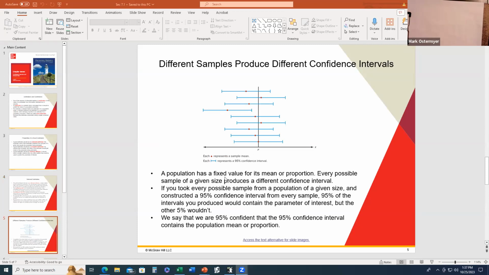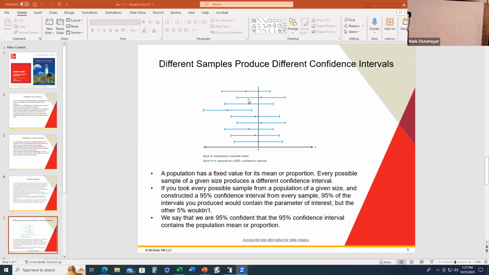So a population has a fixed value for its mean or proportion. Do you agree? If I have a population, I could obviously compute its mean if I was to pull everything in the population, add it all up and divide by the size of the population, right? We know that. But if I was to reach into the population and pull out a sample of a certain size, then each of these sample means, or sample results, will be different from each other and will be different from the actual unknown population parameter that we're trying to estimate.